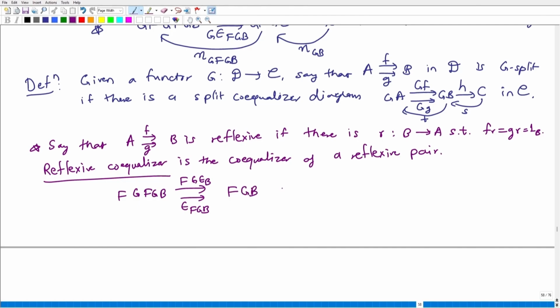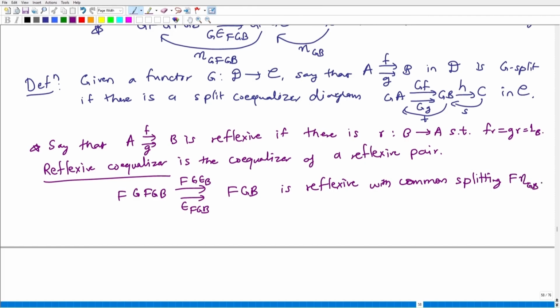This is reflexive. What is the common splitting? F eta sub GB. So this is indeed a reflexive diagram.